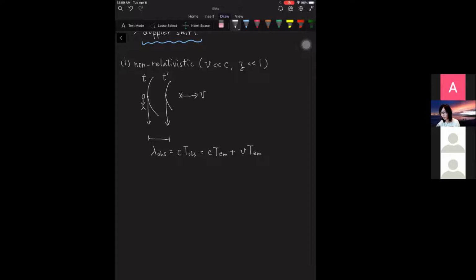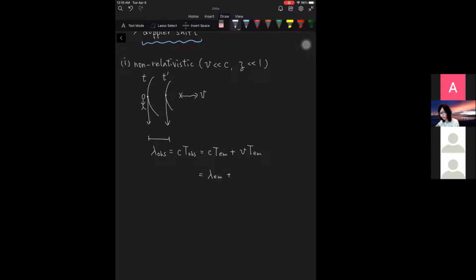So basically, c times the emitted period is just the emitted wavelength, and then we can convert the period as equivalent to 1 over the frequency, right?